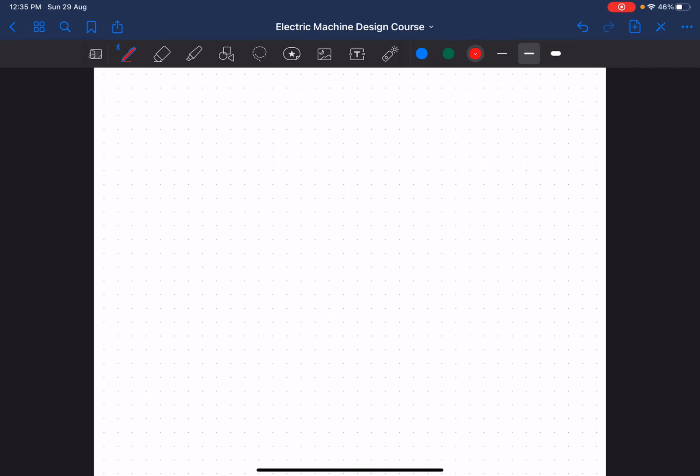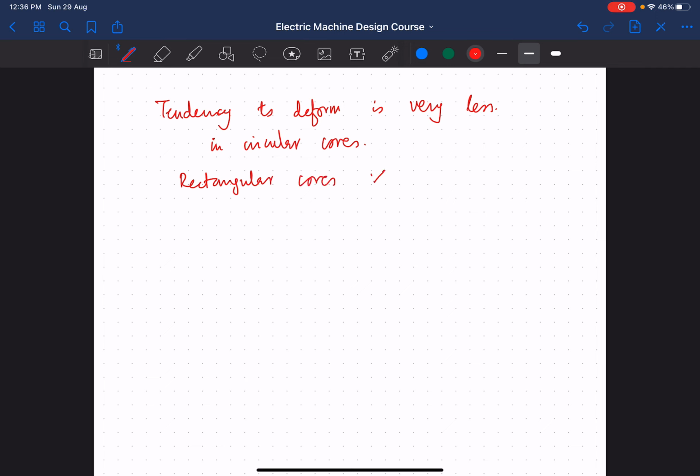The tendency to deform is very less in circular cores, but in rectangular cores this same is not true. So rectangular cores are subjected to these deformations, so that's why it's recommended to have a circular core cross section.